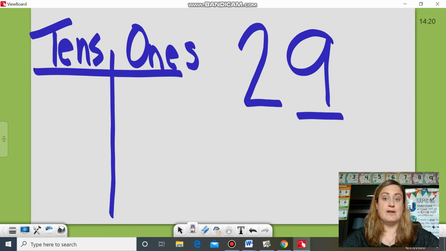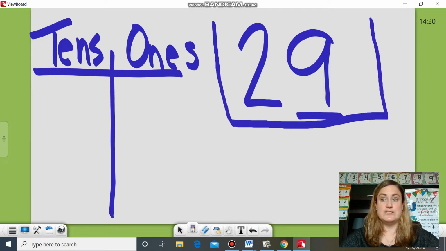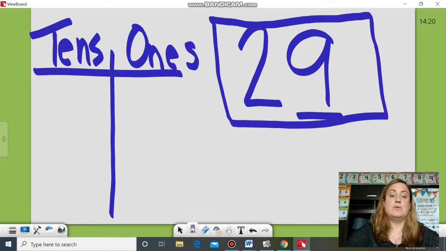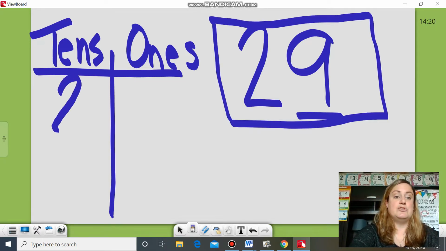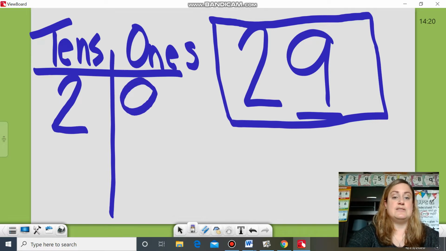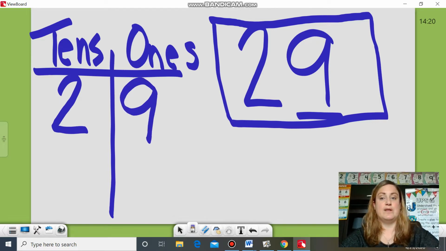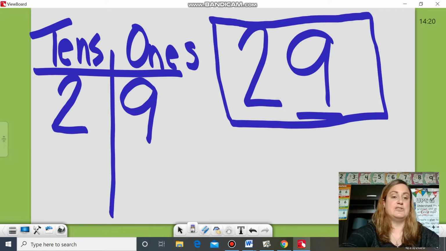I have the number 29, which is a 2-digit number. So I will put my number 2 in the tens place and 9 in the ones place. Okay, so it matches just like this over here. That tells me I have 9 ones and 2 tens.